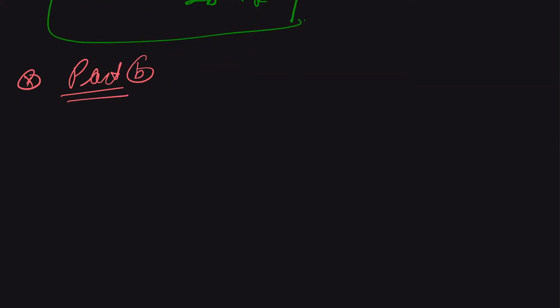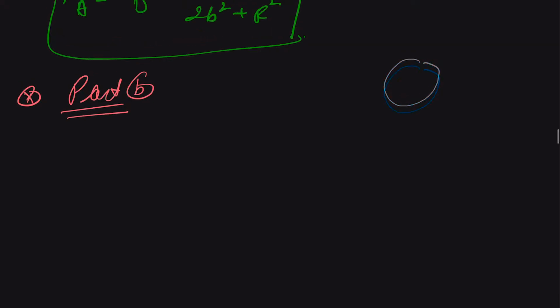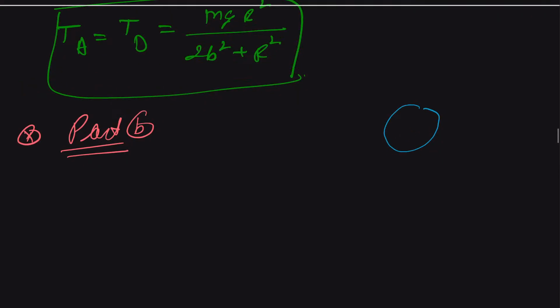And first of all, let's assume that our yo-yo is moving, suppose, in the downward direction with the velocity of vf, and all of a sudden it is going to reverse its direction and move in the upward direction with the same velocity, that is vf.